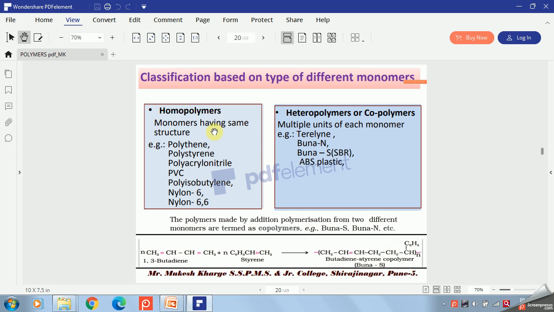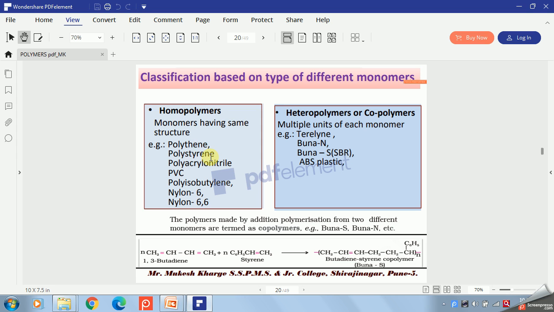So in some cases the monomer is identical molecules, such as if the monomer is ethylene, your polymer is polythene. If the monomer is styrene, then your polymer is polystyrene.